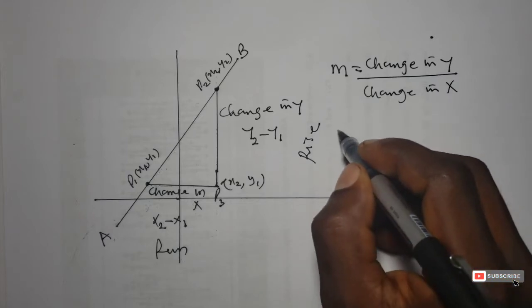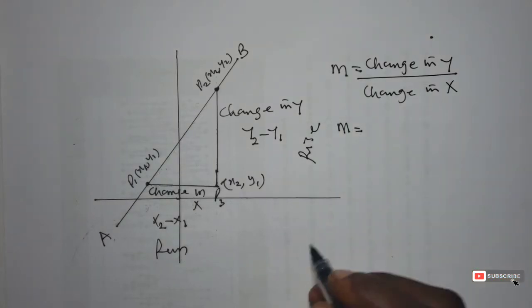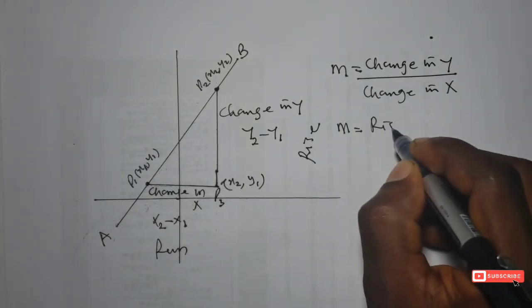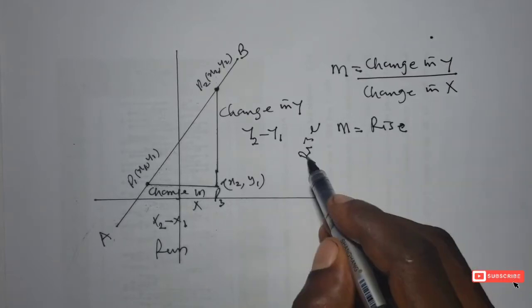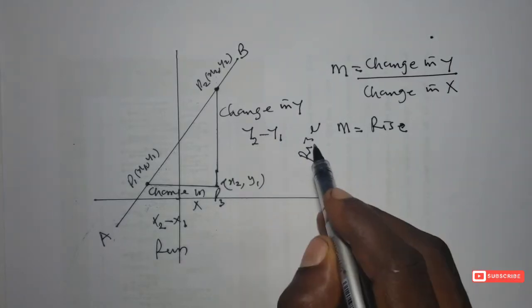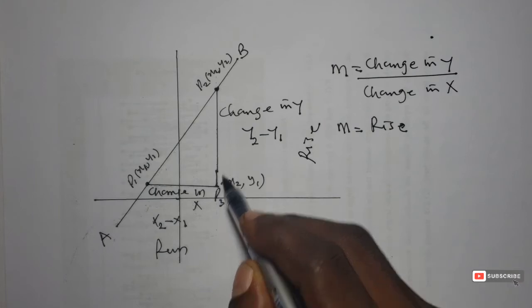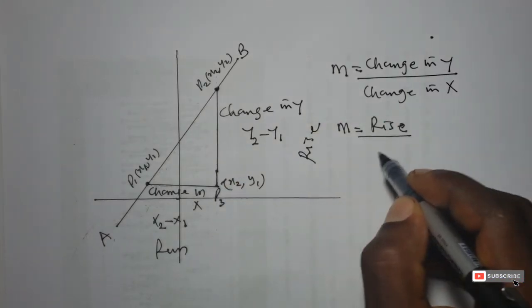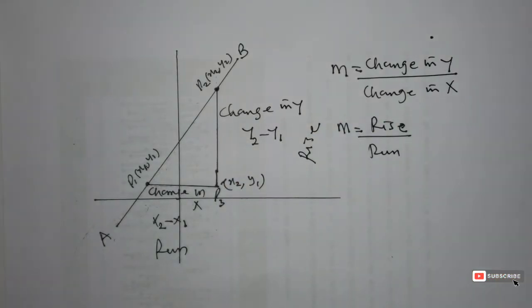Another way of saying it is that slope M is equal to rise over run. Rise means a change in y, from y1 to y2, and run means a change in x, from x1 to x2.